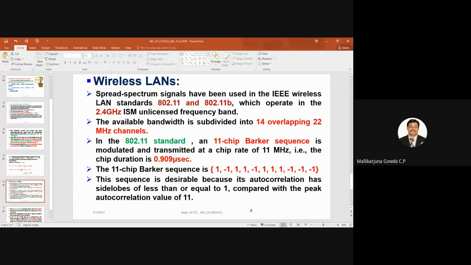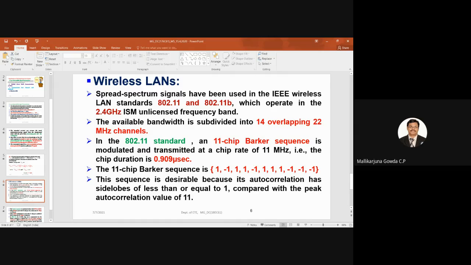These two operate in the ISM band, which is at 2.4 gigahertz. Okay, so you all know what is ISM, that is the unlicensed frequency band, right? Is it possible for any one of you to say what ISM stands for? I said it is an unlicensed frequency band.